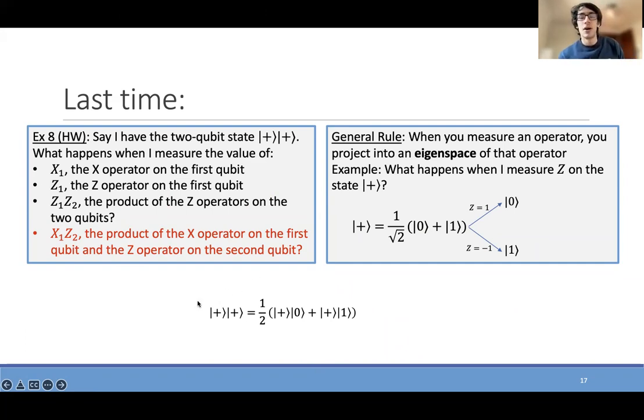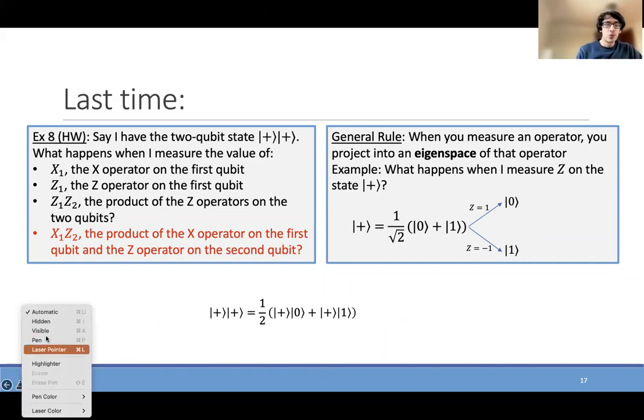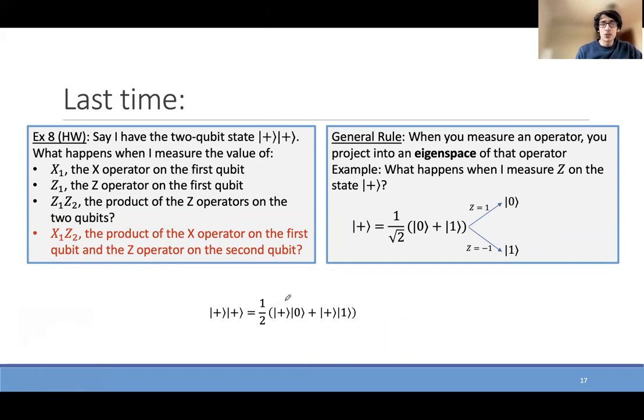And so somebody's written in the chat that we're again going to have 0 expectation value. And that's right. So let me ask, what's the value of X1, Z2 on this state? The product of X1 and Z2. So this one, X takes the value 1 and Z takes the value 1.